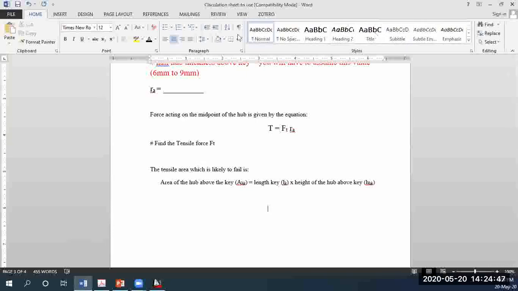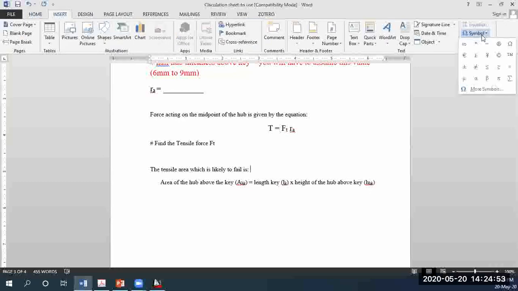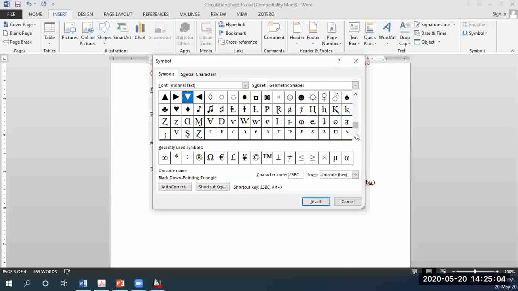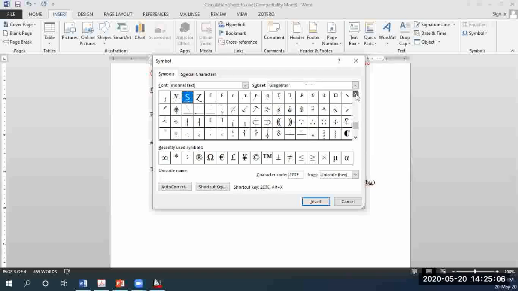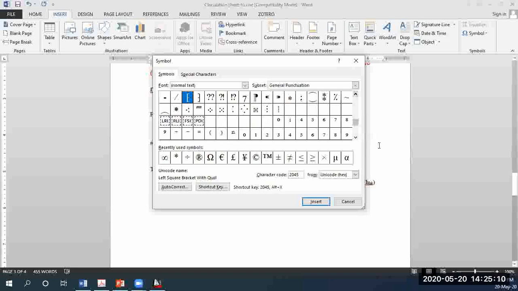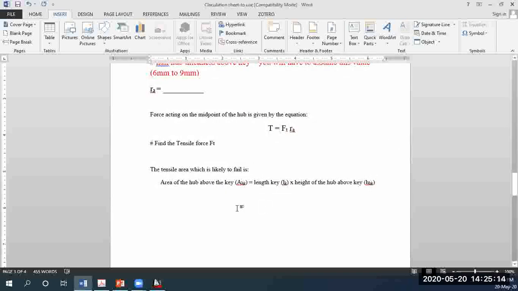The symbol for that is... let me see if I go to insert a symbol. Okay, maybe I'll just write it down, it'll be easier for you.